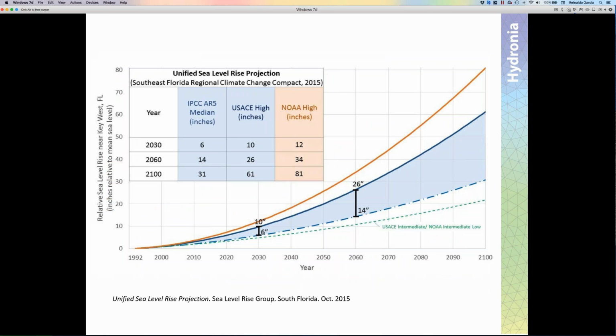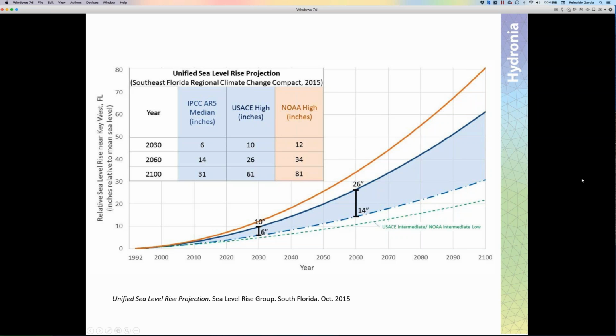So the previous slide was measured. There are no projections there. But there have been projections. There are projections that are being done and followed in order to plan mitigation measures for coastal flooding in particular. And this slide here shows a figure for the present projections that are available for South Florida.